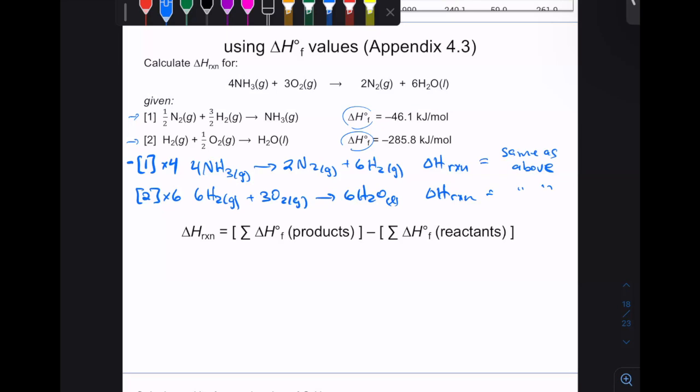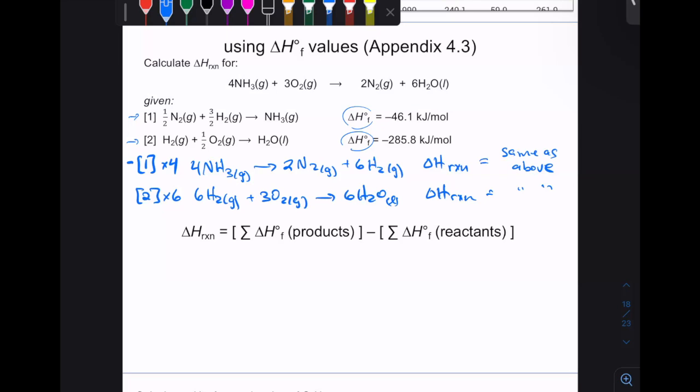And the reason I'm leading you through this is to show you that if we understand how this works, then we can actually take a shortcut. If we know that we're working with delta H of formation values, we can use this shortcut right here. And it looks crazy and complicated, but it's really, really simple. All this equation is saying is that we're taking the sum of the delta H of formation from the products, and from that we're going to subtract the sum of the delta H of the reactants.